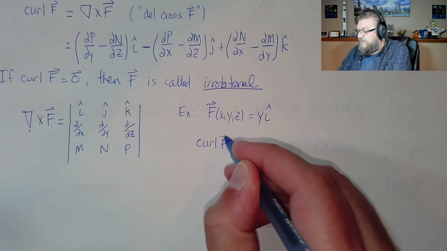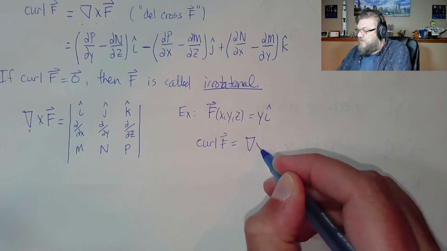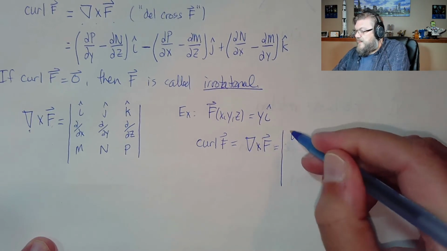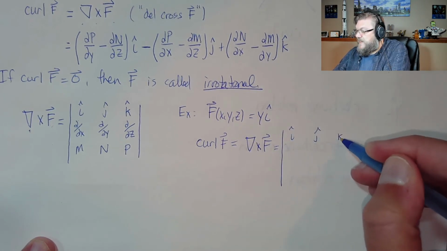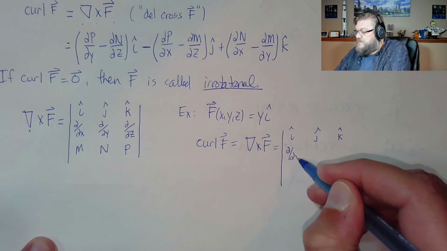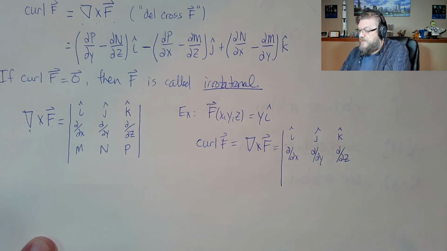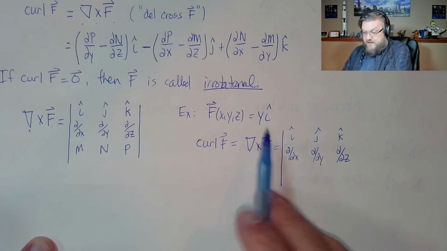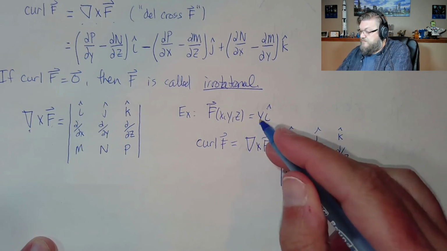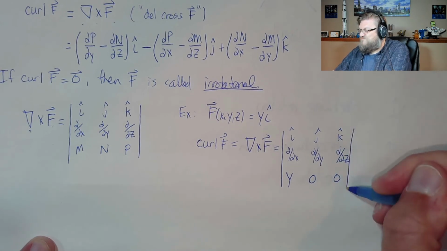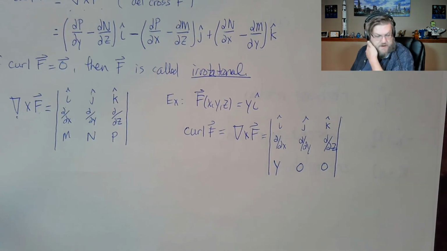The curl of F equals del cross F. And I'm going to set that up by saying i, j, k, partial of x, partial of y, partial of z. And here, I'm going to have y in the i column, a 0 here, and a 0 there. Okay. Now I go ahead and take that cross product.